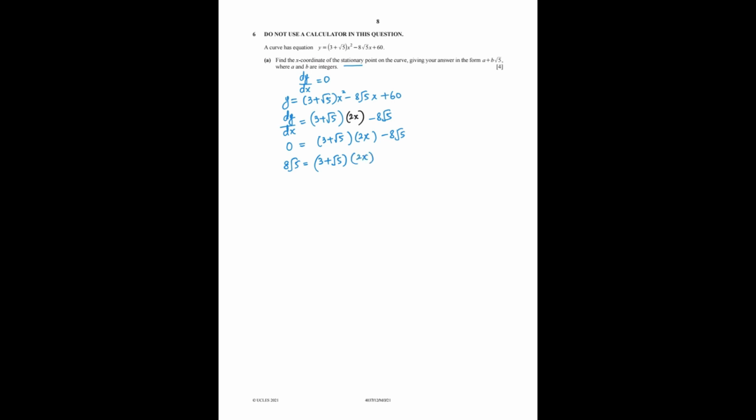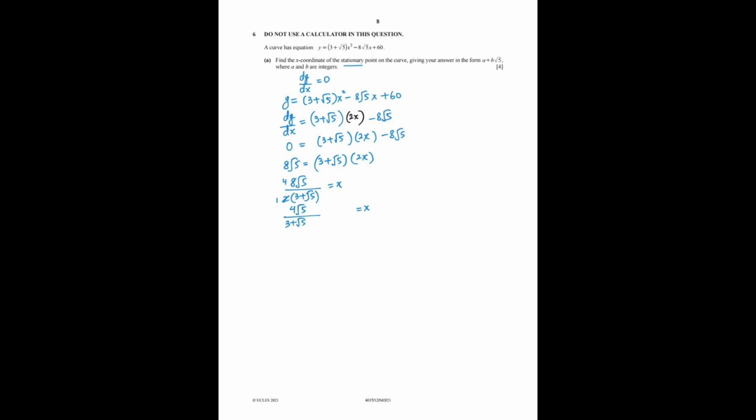We need to find out the value of x here, so it will be 8√5 divided by 2 times (3 + √5) equals x. Alright, if I simplify it further, 2 1s are 2 and 2 4s are 8, so that will be 4√5 divided by (3 + √5) equals x.